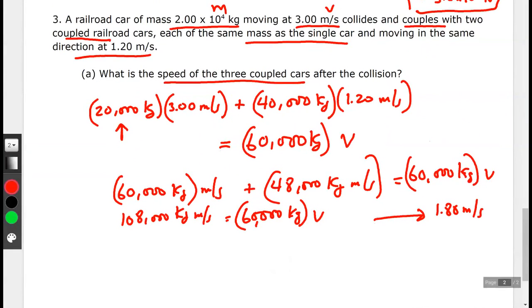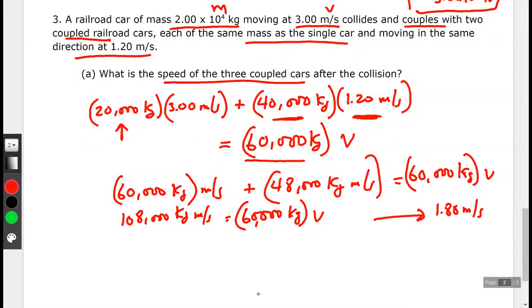We had a single car, 20,000 kilograms with a speed of 3 meters per second. We had two cars that were 20,000 each, and they both had the same velocity. I wanted to find their momentum, so I just added both masses. They both had the same speed, 20,000 times 1.2. I could have done 20,000 times 1.2 and another 20,000 times 1.2, but I combined the masses and multiplied by their velocity.